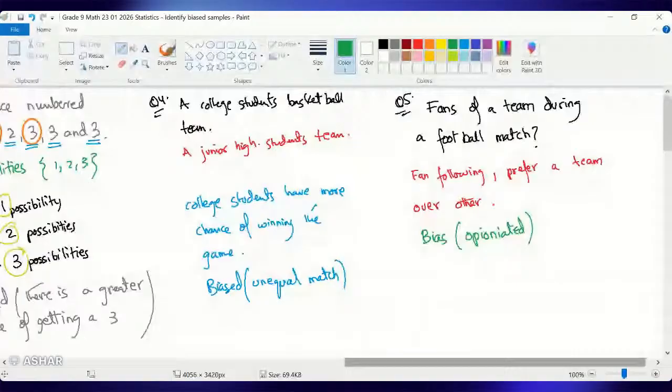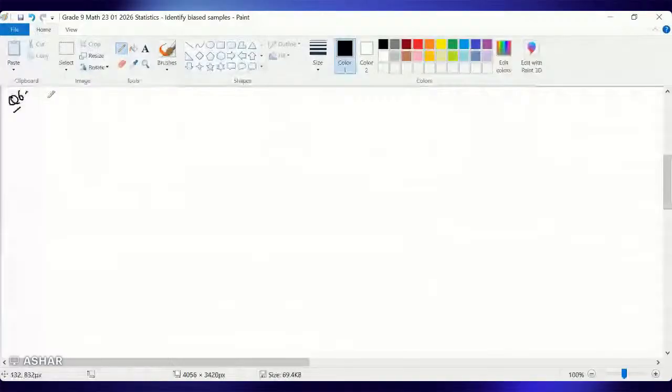Question number 6 says there is a survey for a field trip. The survey is being done for a field trip.